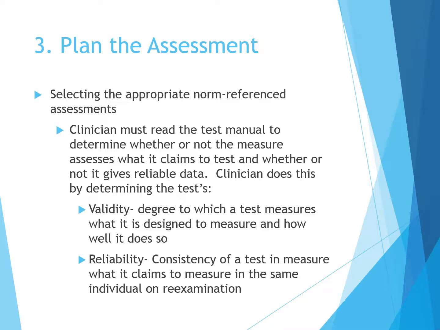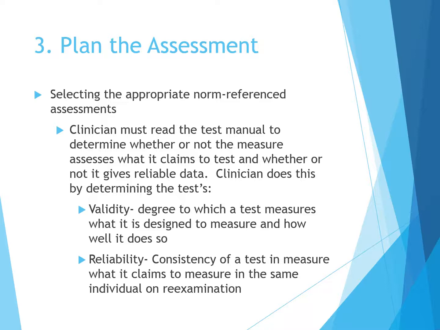Validity is the degree to which a test measures what it is designed to measure and how well it does so. So if it says it's a language test, is it really testing all 5 components of language and how well does it test each component? Reliability is the consistency of a test in measuring what it claims to measure in the same individual on re-examination.